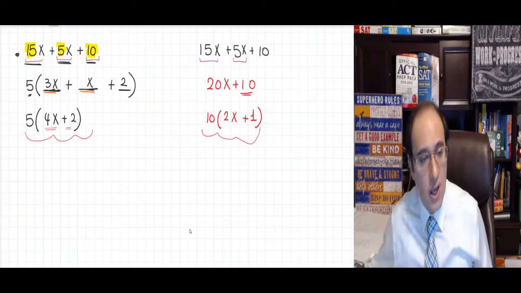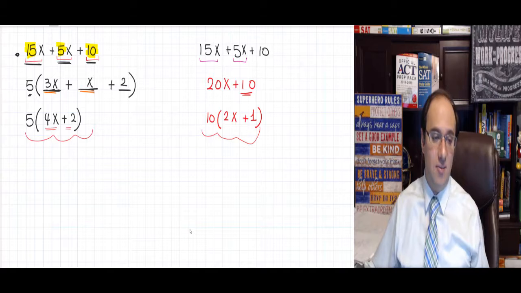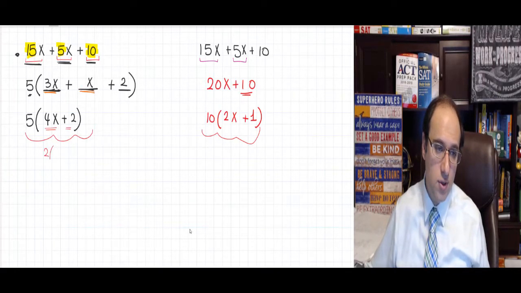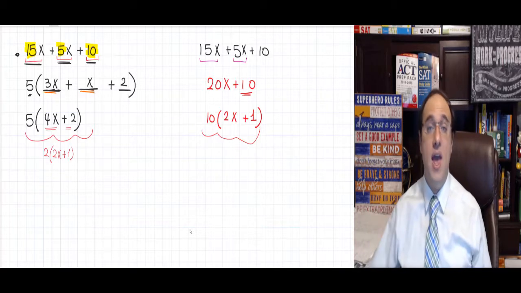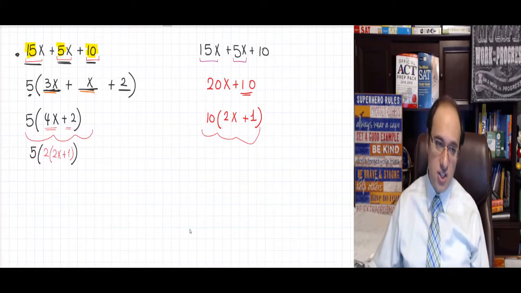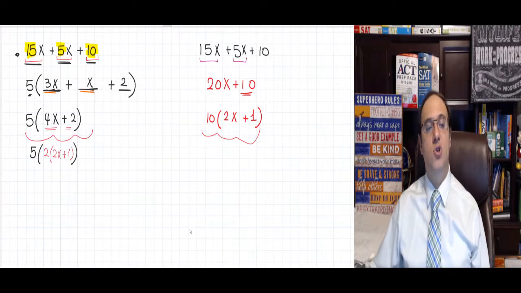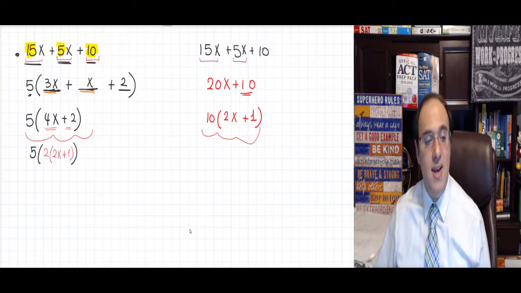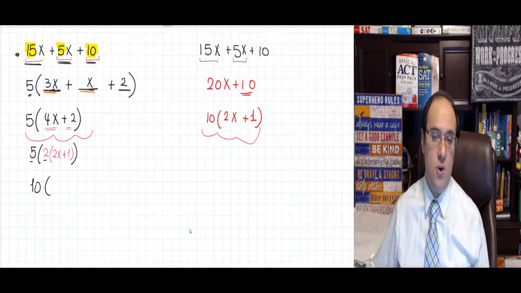4x plus 2 can be simplified again into 2 times 2x plus 1. And all of this times 5. I can just simplify 4x plus 2 into 2 times 2x plus 1. Now multiply the 5 times the 2, you get 10, and 2x plus 1 stay as they are.